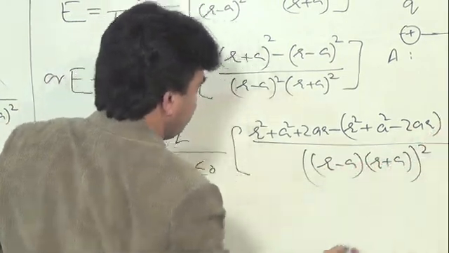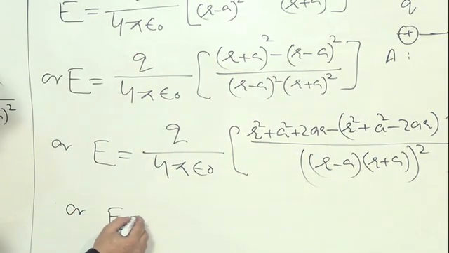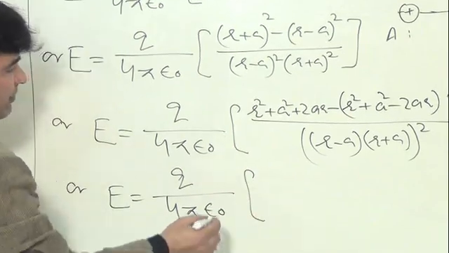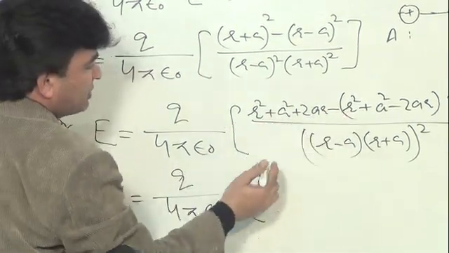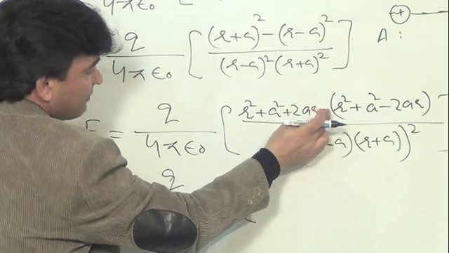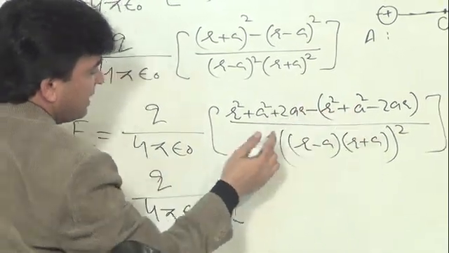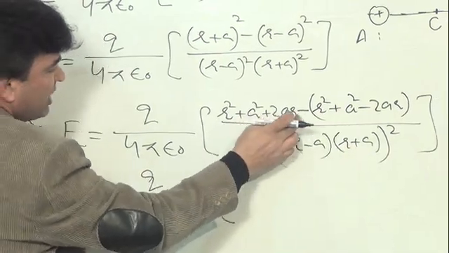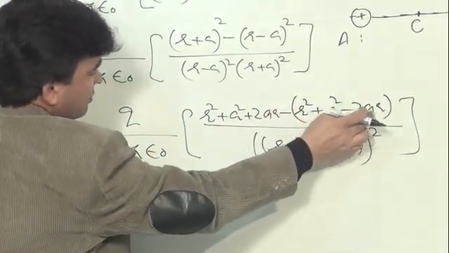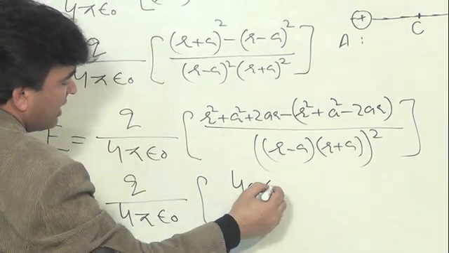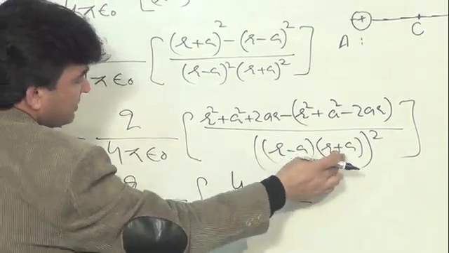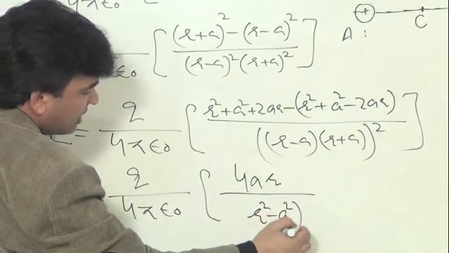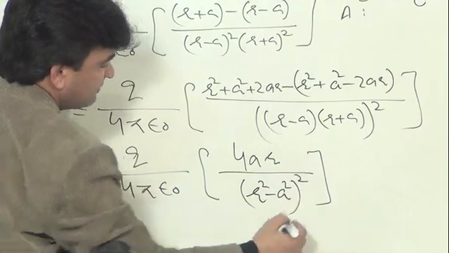whole square, or E equal to Q by 4 pi epsilon naught into R square, and this minus R square will get cancelled when we multiply with minus sign here. R square will get cancelled, A square will get cancelled. It is 2AR, and this minus will be plus 2AR, it becomes 4AR by, this is A minus B into A plus B formula, so I will write it (R square minus A square) whole square.